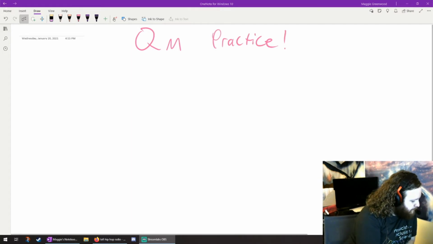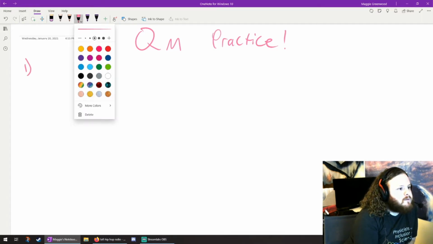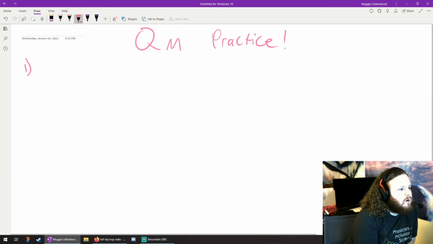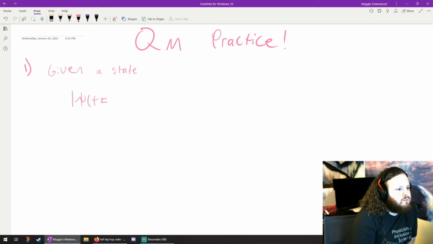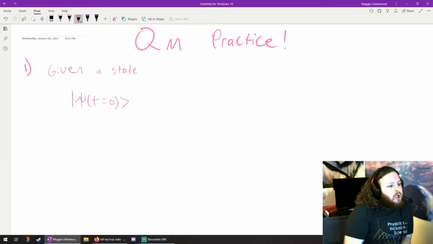So first of all, question 1. I want to drop the size of this pen just a little bit. Given a state, we're going to have some quantum state at some initial time, which I'm going to call t equals 0.